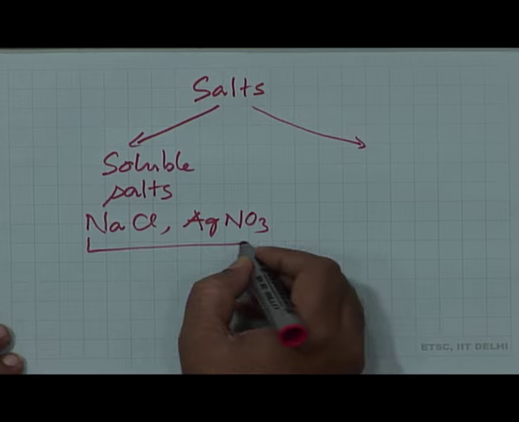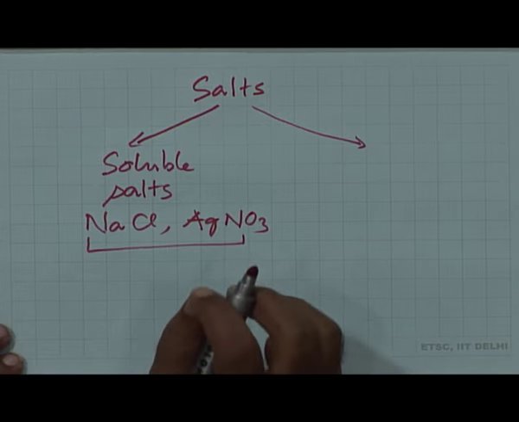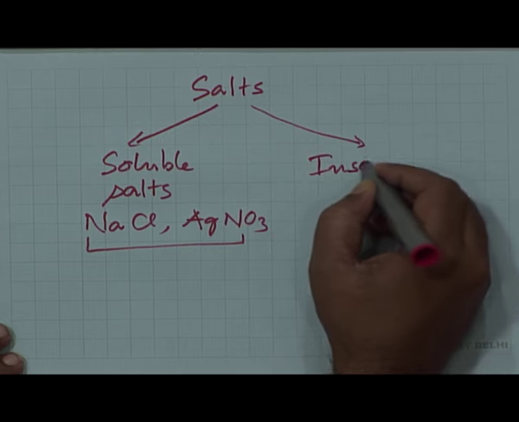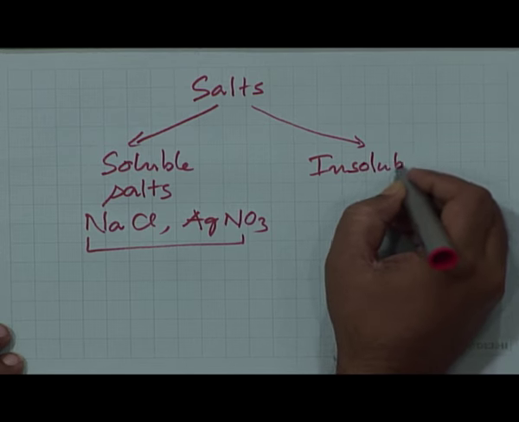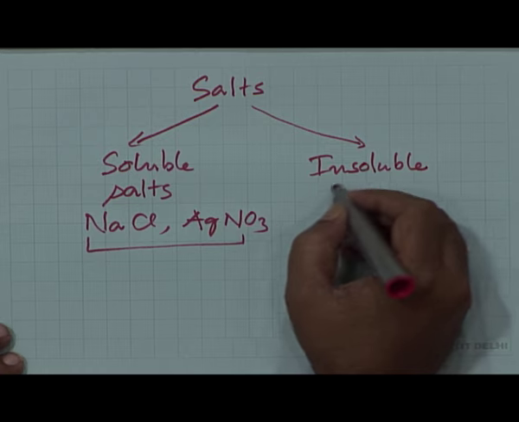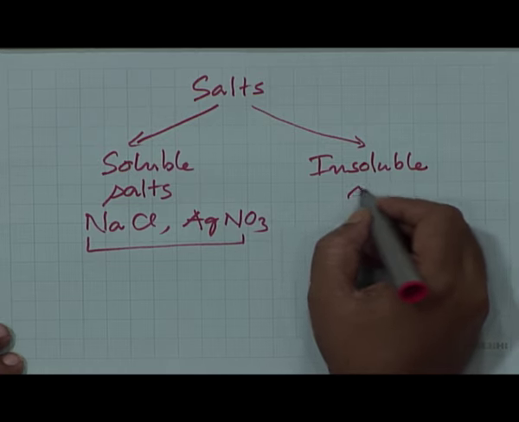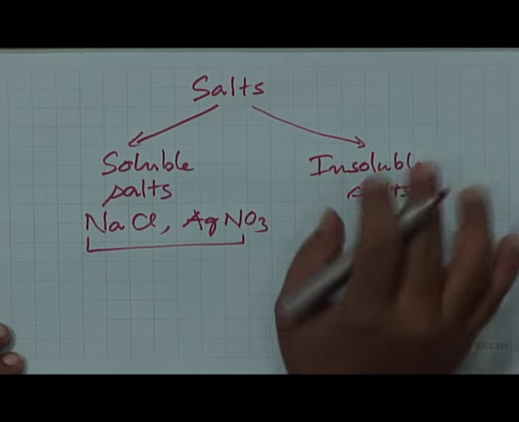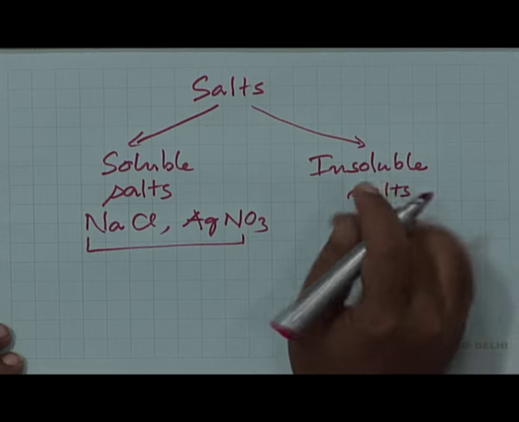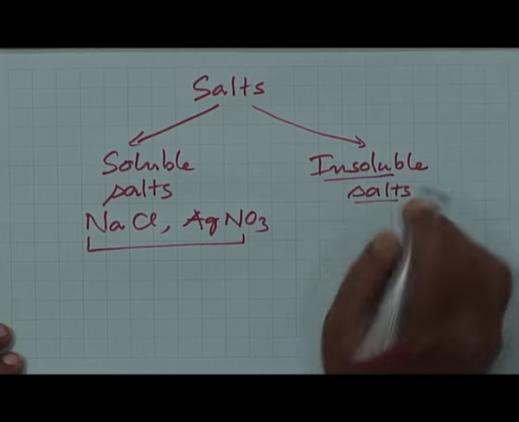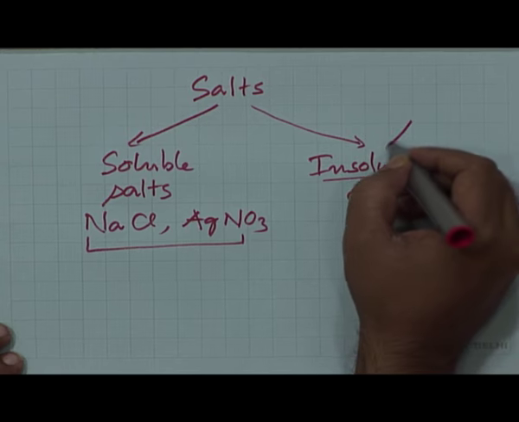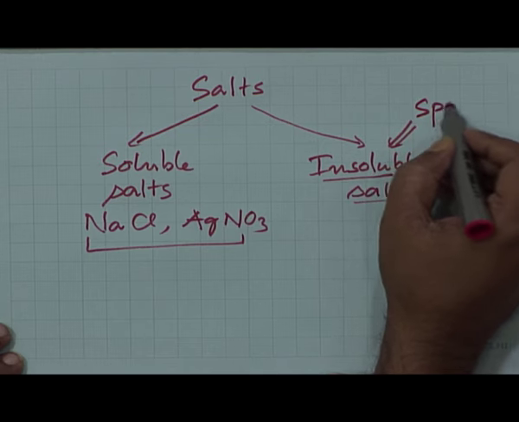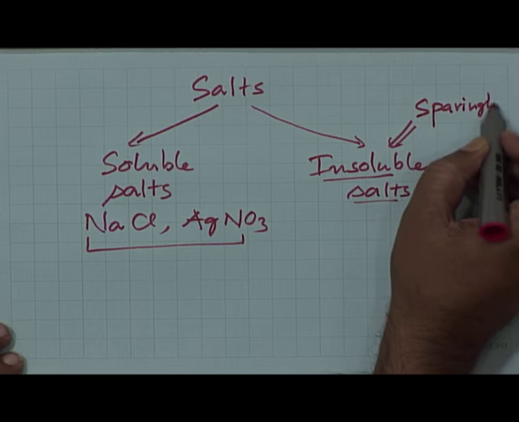These are quite soluble in water, whereas there are some salts which are insoluble, that is, sparingly soluble salts. So, solubility is very low. What I mean by insoluble salt is that solubility is very low. We can use another term, sparingly soluble salt.